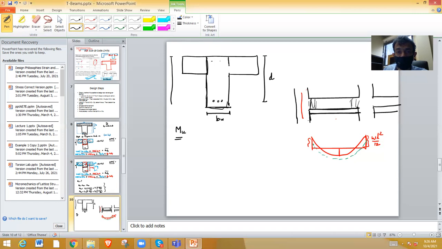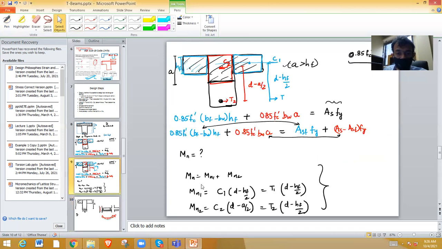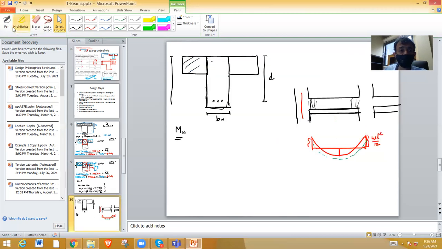So I will take the flanges and calculate Mn1. For Mn1, I don't need to know how much steel is there, because Mn1 is equal to C1 times d minus hf by 2. And now hf is the flange thickness.